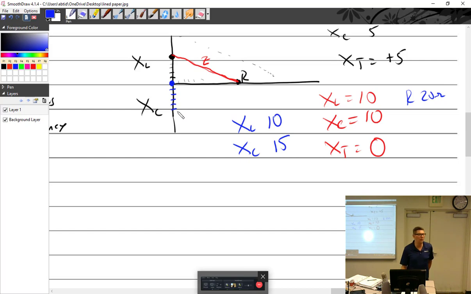Now, it doesn't matter. You could have just gone up 5. But here's where it matters the most. If it is a positive number, meaning more X of L, then the circuit is inductive.